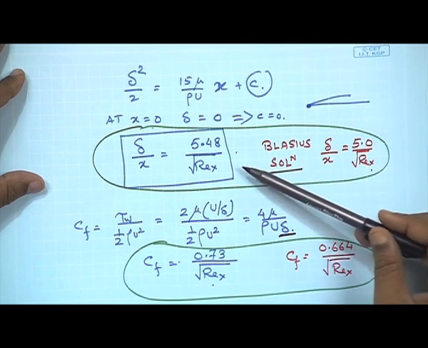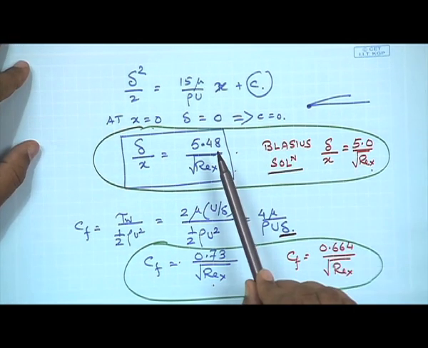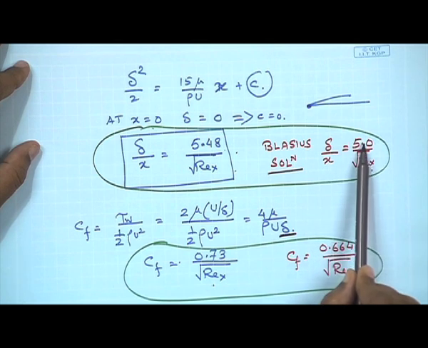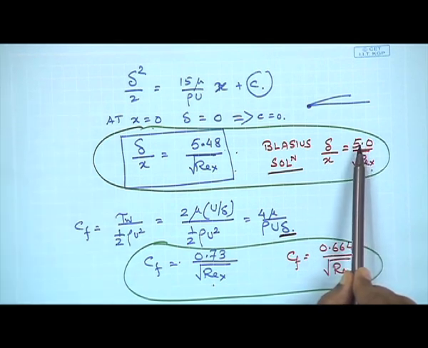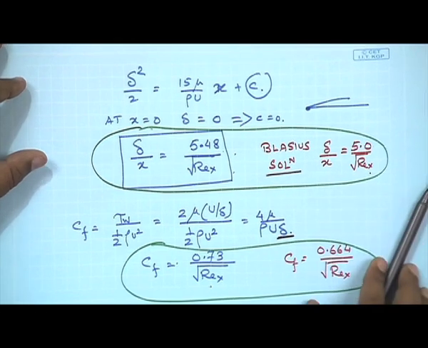So, we can predict the growth of the boundary layer within an accuracy of plus minus 10% in comparison with the Blasius solution. And similarly, the friction coefficient is also very close to the friction coefficient obtained from the exact analytical solution.